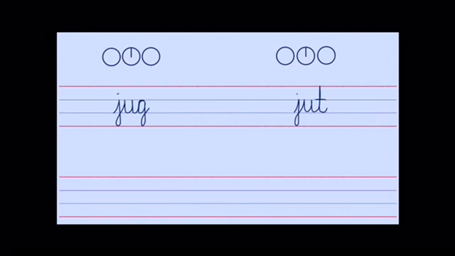But this is a word that we might add suffix S to. If it juts out, we then have an extra sound, J, U, T, S. And when we write it, we will need an extra letter for that suffix S.